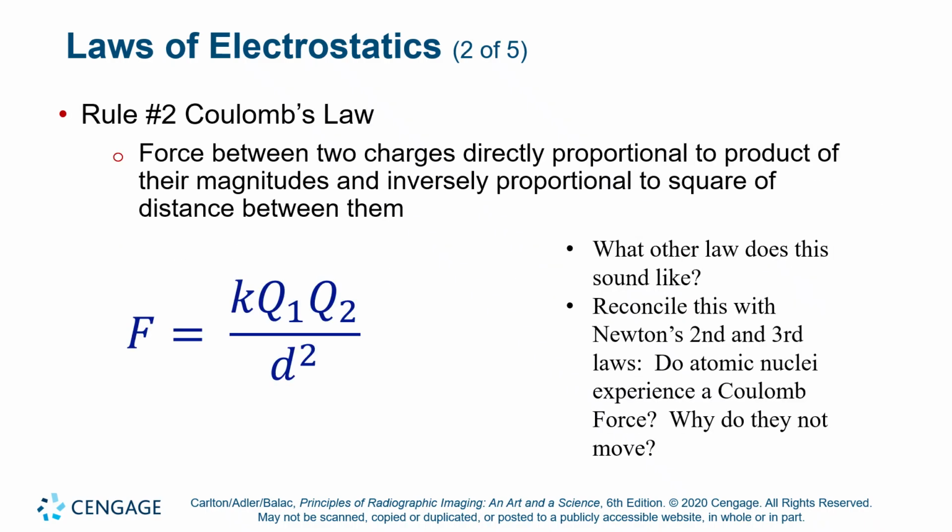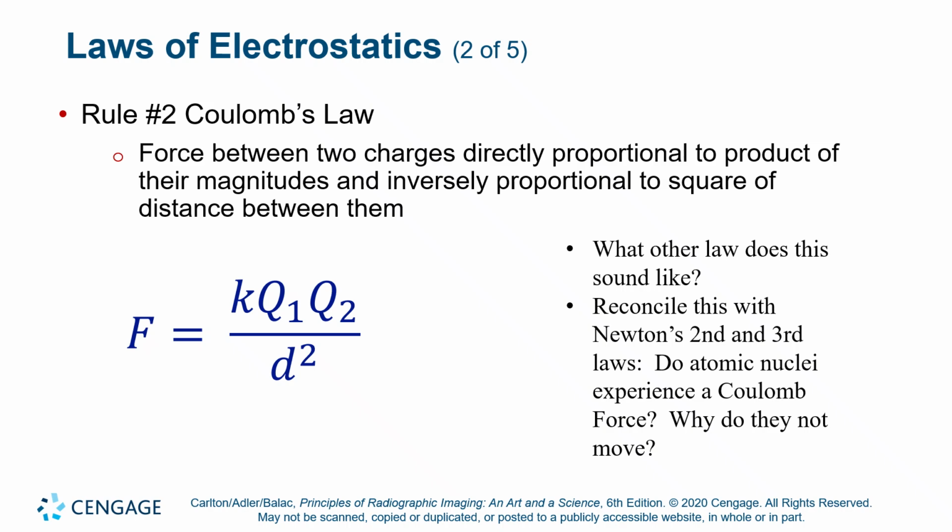Now, what is the magnitude of the attraction and the repulsion? Well, it's kind of like gravity, but for protons and electrons. We call it Coulomb's law, or electrostatic force. The force between two charges is directly proportional to the product of their magnitudes, that's Q1 times Q2. And then there's the Coulomb constant, K, which is just a fudge factor.